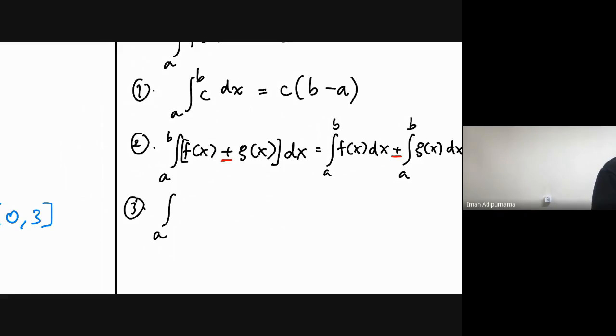If you have the integral from a to b of a constant times f(x) dx, then you can move out the constant.